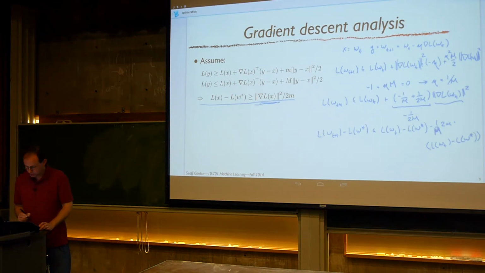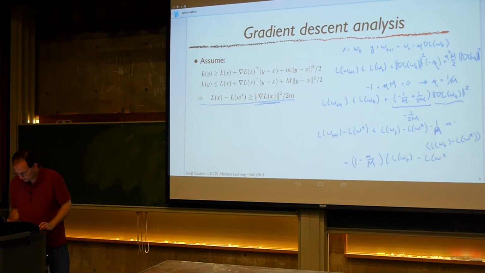So I'm just chaining together the two inequalities here, and then factoring. The 2 cancels here, so that'll be the same as saying 1 minus little m over big M times L of Wt minus L of W star.